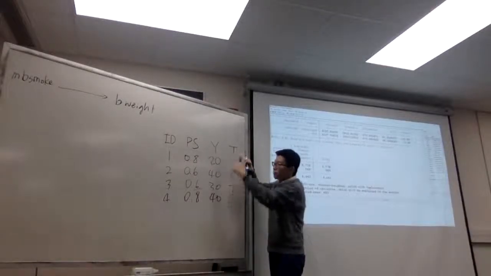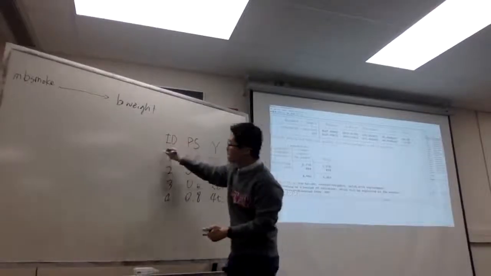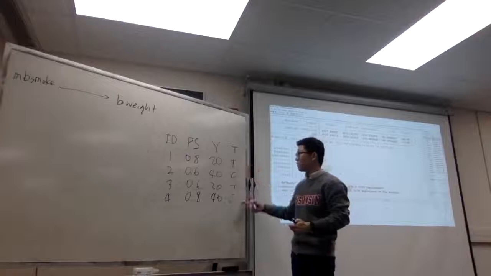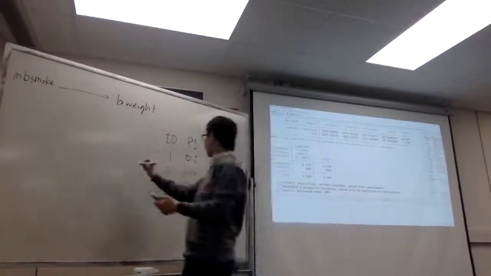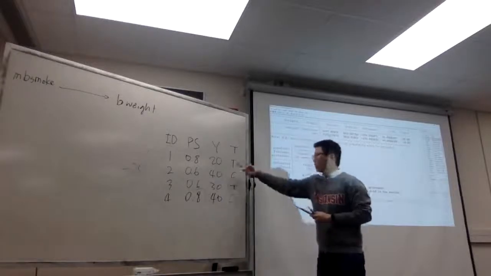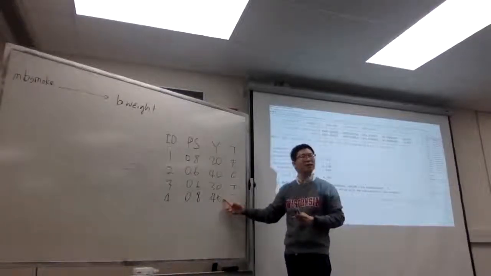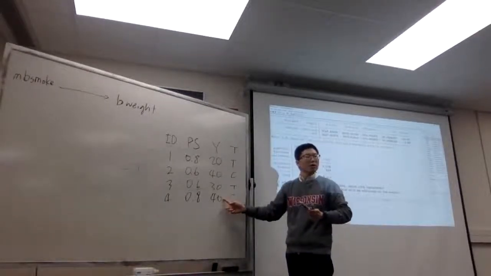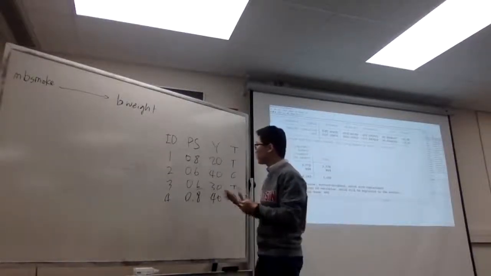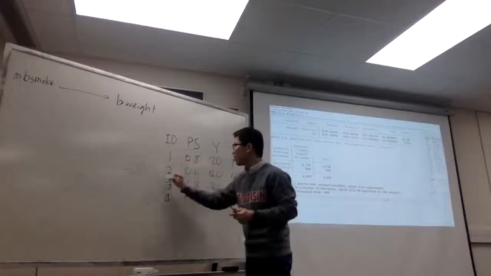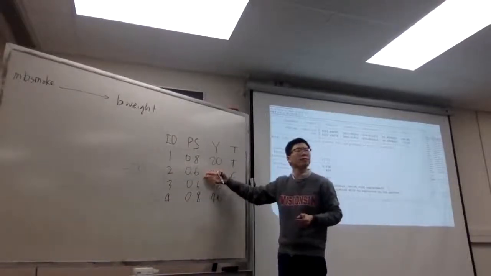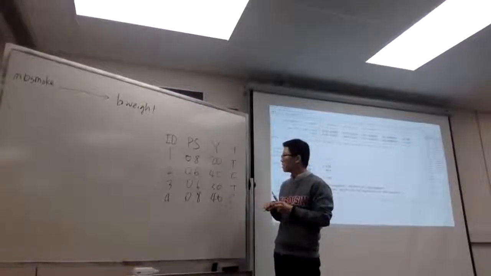And then for this pair, the treatment's effect is negative 20. 20 minus 40. And these two cases are comparable, right? Based on the propensity.